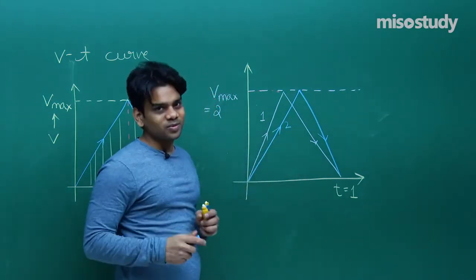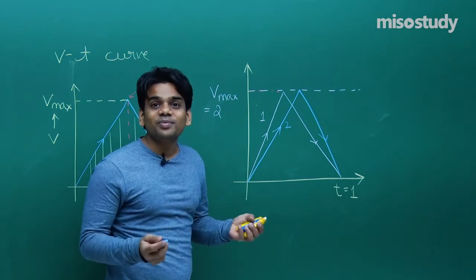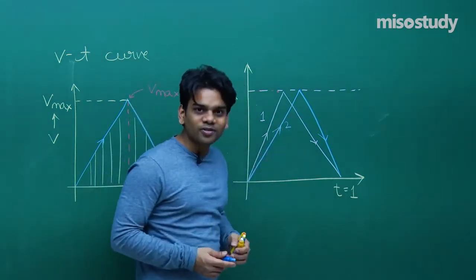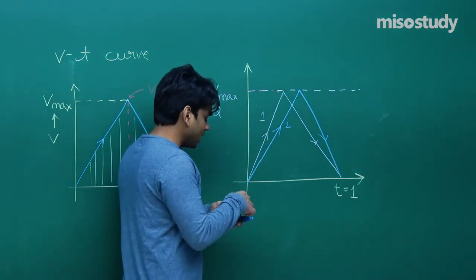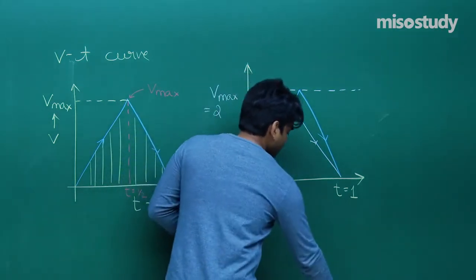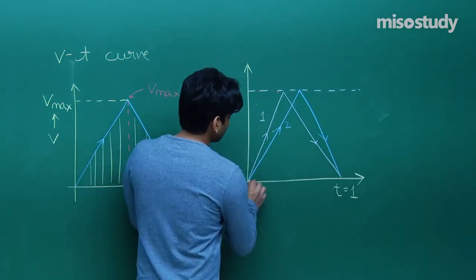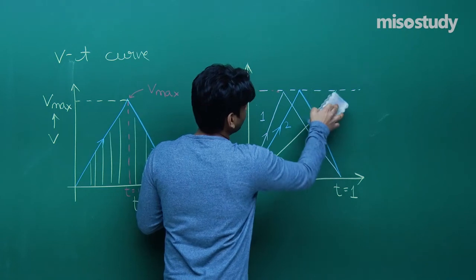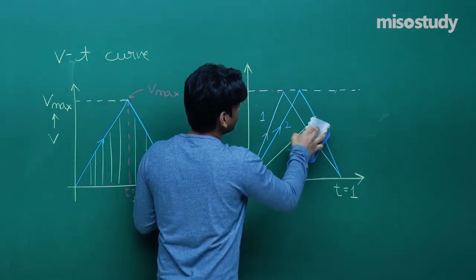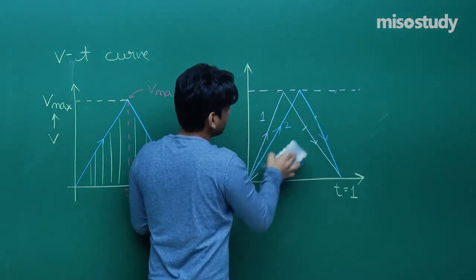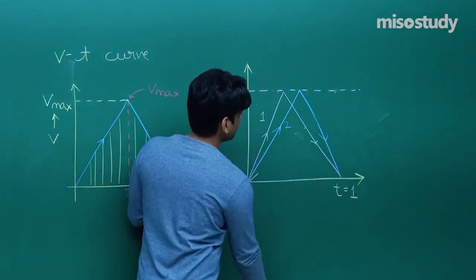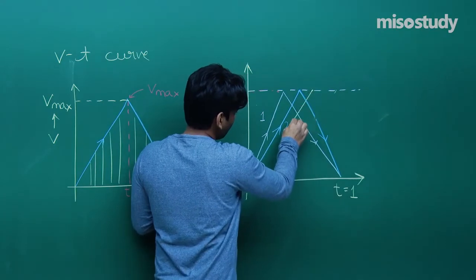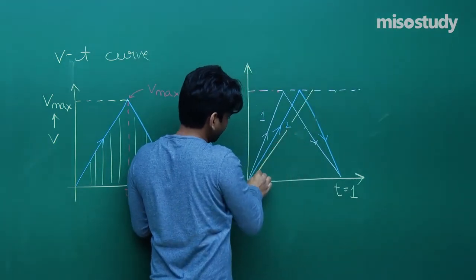The third possibility: the velocity may accelerate for more time compared to t equals half second. So the velocity can increase for more time. The third kind of curve that could be a possibility can be this one. Oh, I've drawn a longer curve. Let me draw a smaller curve.